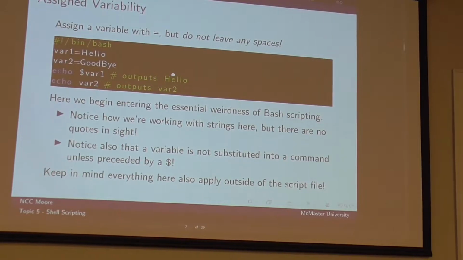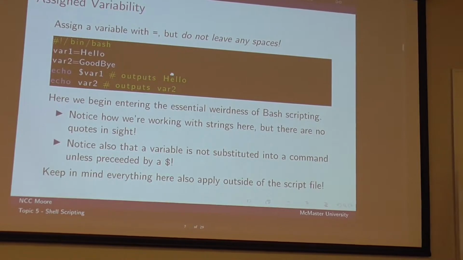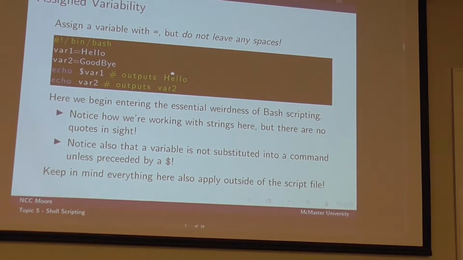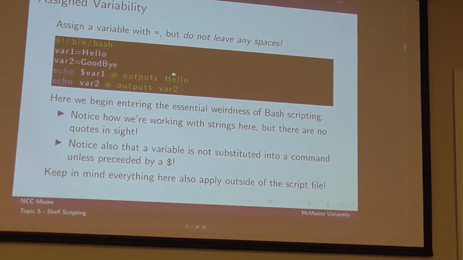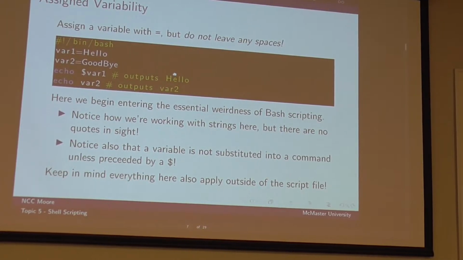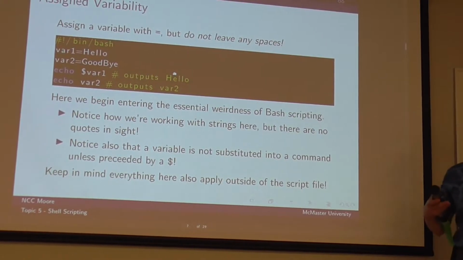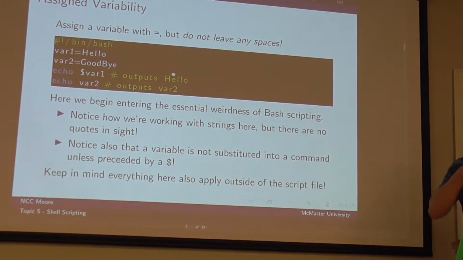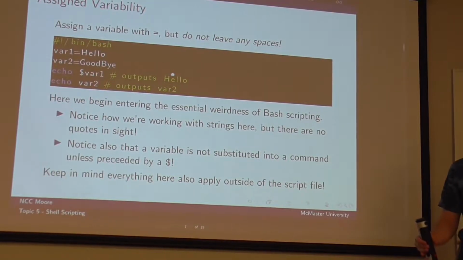Bash scripting is a mechanism for automating tasks. You'll find as you're working in a command line interface that sometimes when you want to perform a particular operation, you will have a set of often repeated commands, right?